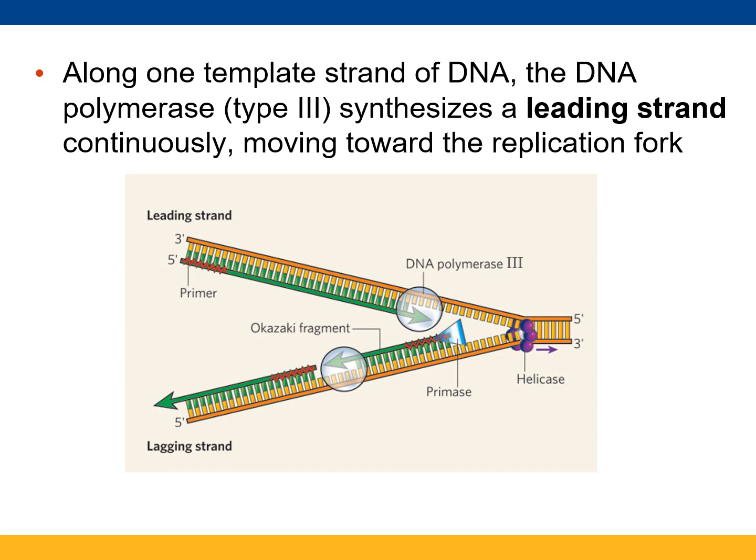And I'm just going to show you this briefly. As enough DNA becomes available, we'll synthesize a little primer, and then we'll synthesize DNA until we hit that previous primer. As more DNA opens up, a primase will get in here, make a little primer, synthesize DNA until we hit this primer.